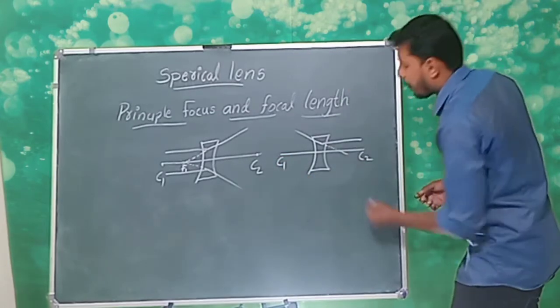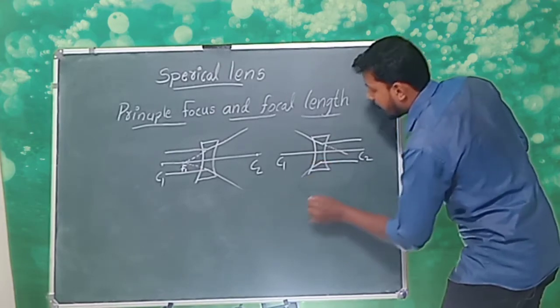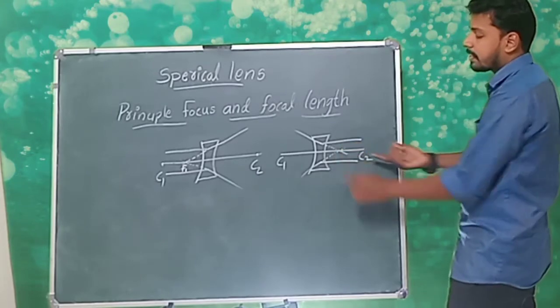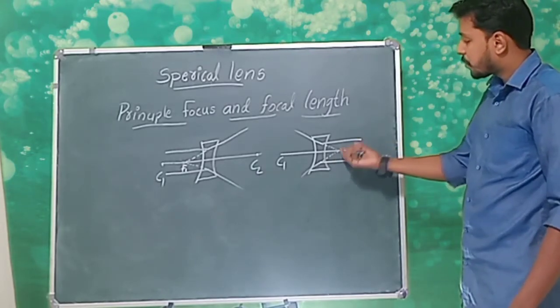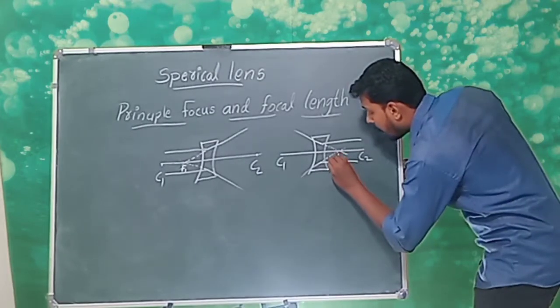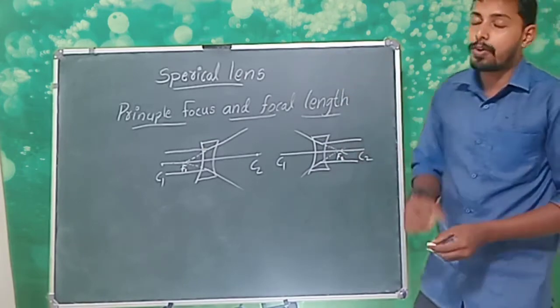The diverging line will give an intersection at a particular point. This point we can say as F2 or second principal focus.